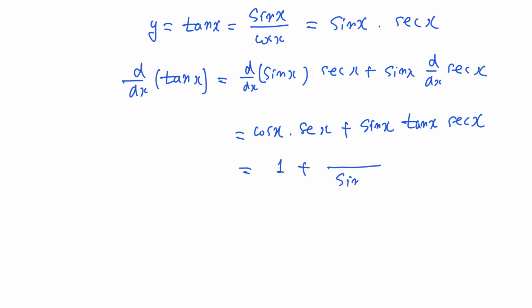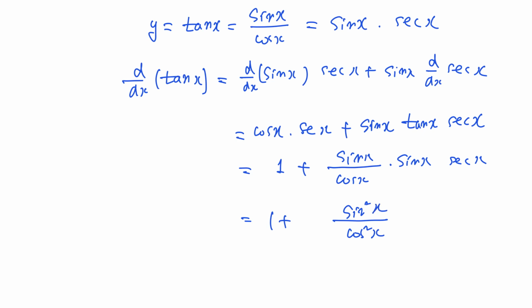Plus sine x times tangent x secant x, which gives 1 plus sine squared x over cosine squared x.